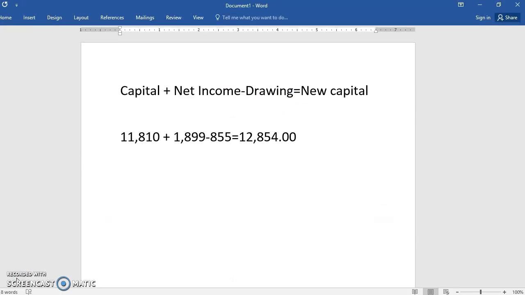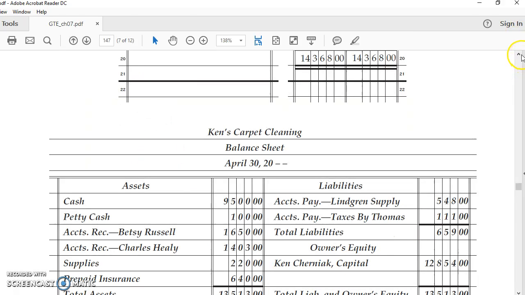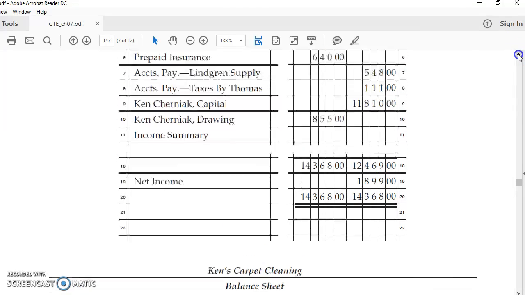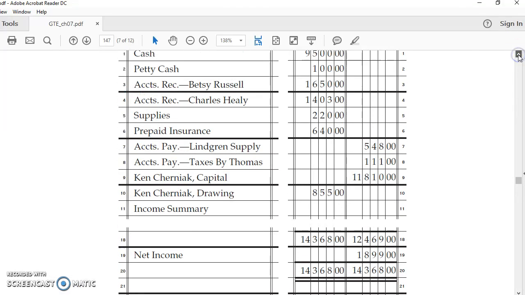Let's take a look at how we're going to calculate our new capital for our balance sheet. We're going to take our old capital, and if you look at the top of page 147 in your workbook, you'll see the old capital is $11,810.